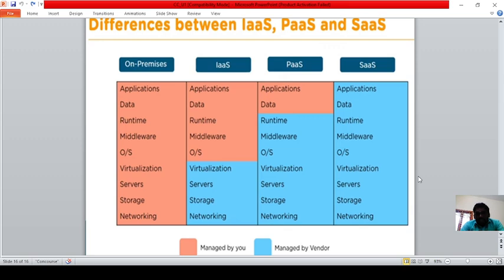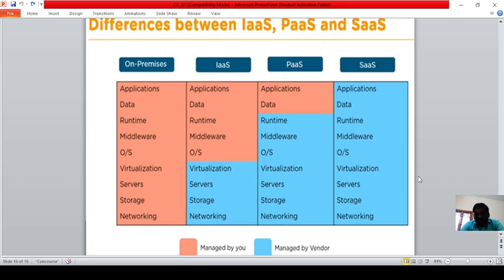Next, we go to platform as a service. In platform as a service, I have only the applications and data. The remaining things are accessed from the cloud providers. I have only the application, so the runtime environment, operating system, storage space, and servers are all maintained by the cloud providers. That's platform as a service. And the next one, software as a service.